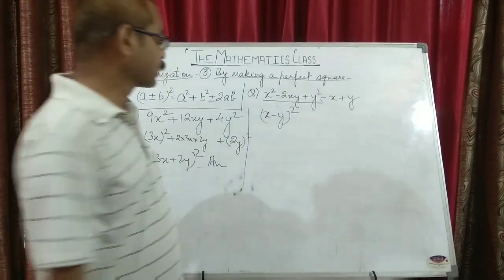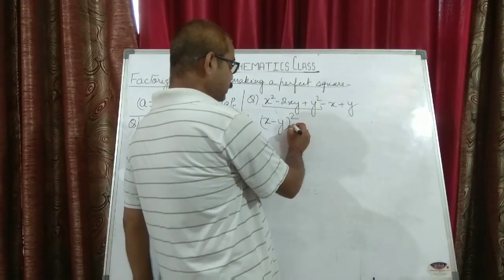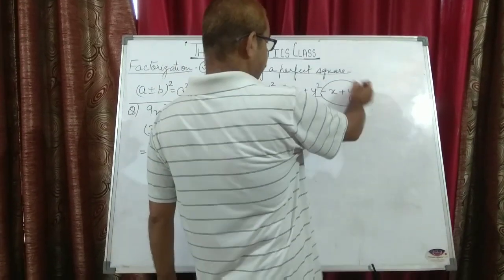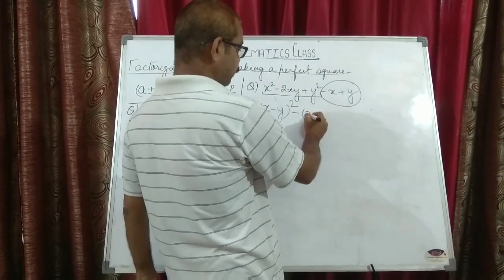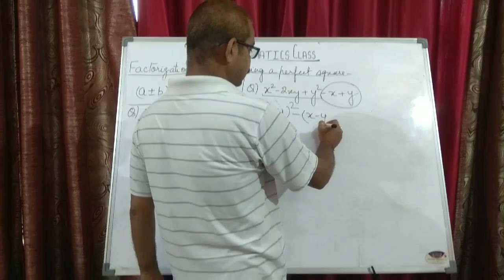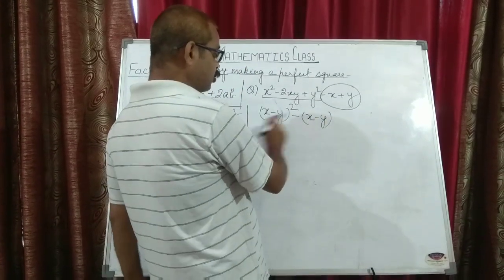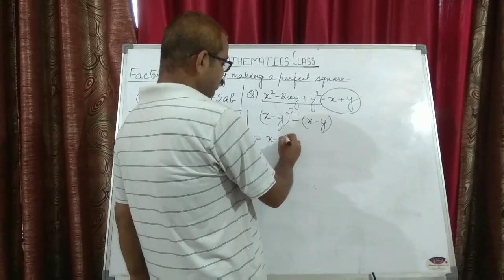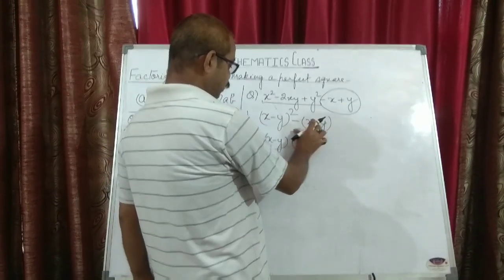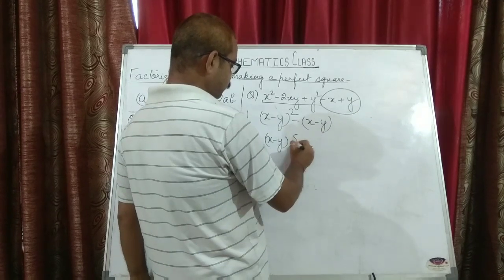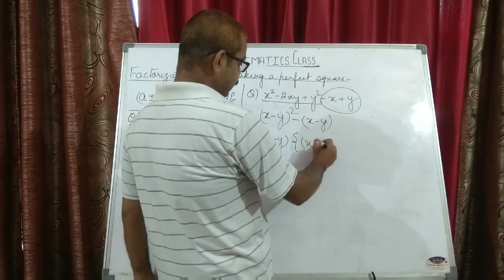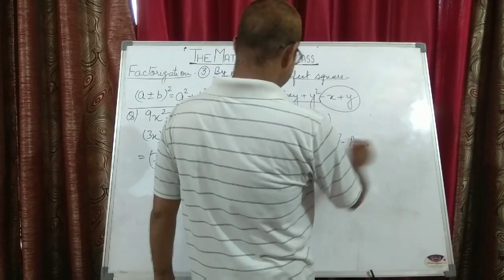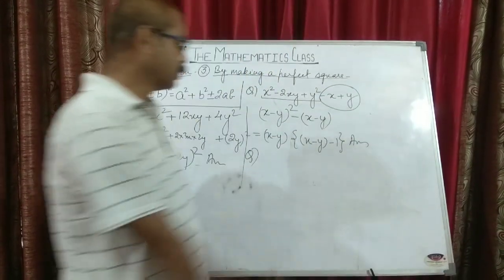Then if you take minus common from the last two terms, you will be left with x minus y. Now from both you can take x minus y common. What is left is x minus y in the first and minus 1. That is the final value.